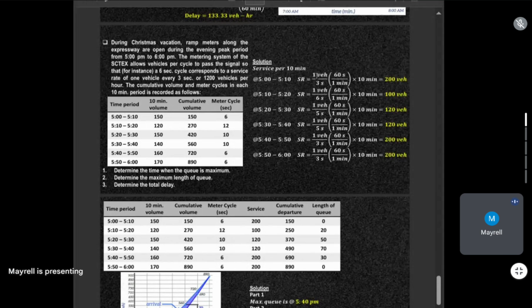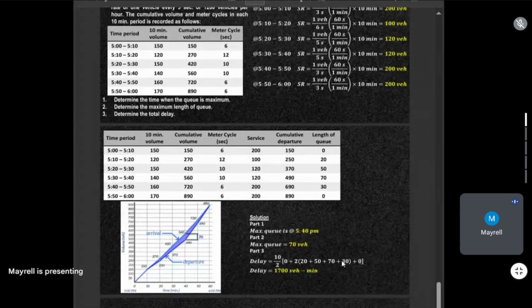So you can have one vehicle over 3 seconds, times 60 seconds over 1 minute and times 10 minutes. You have 200 vehicles, then one vehicle for 6 seconds, times 60 seconds over 1 minute times 10. So you have 100 vehicles, and so on. So you have 120, 120, 200, and 200.